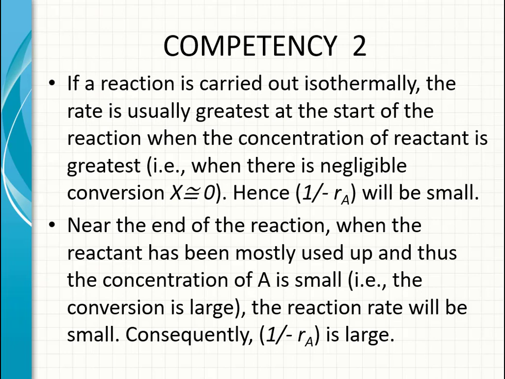Near the end of the reaction, when the reactant has been mostly used up, and thus the concentration of A is small, then the conversion is large, the reaction rate will be small, and consequently the inverse, 1 divided by -Ra, is large.